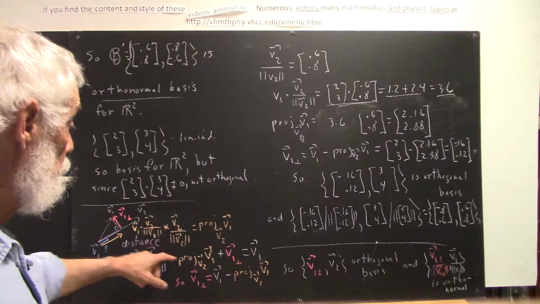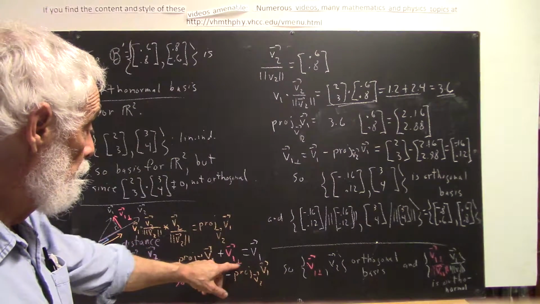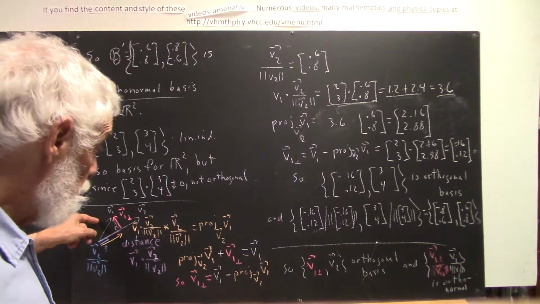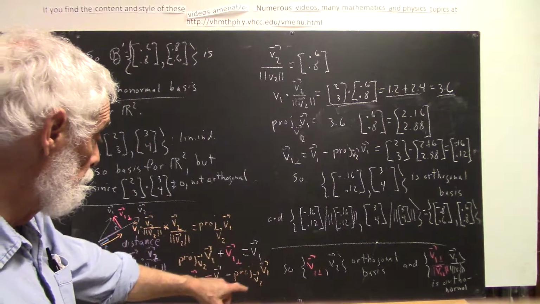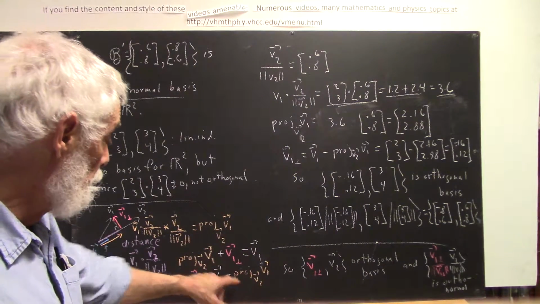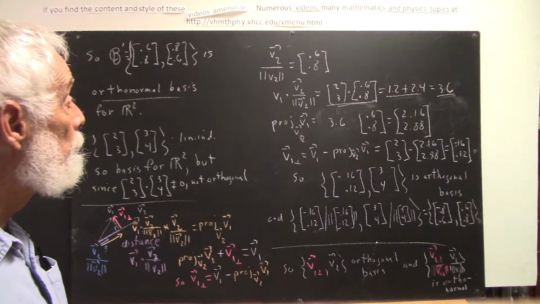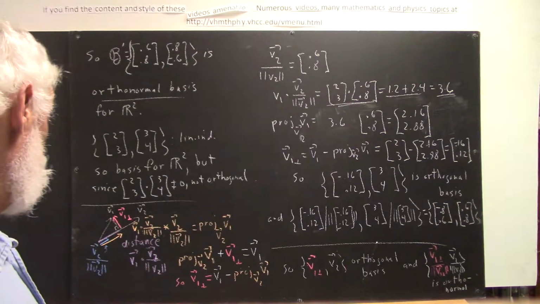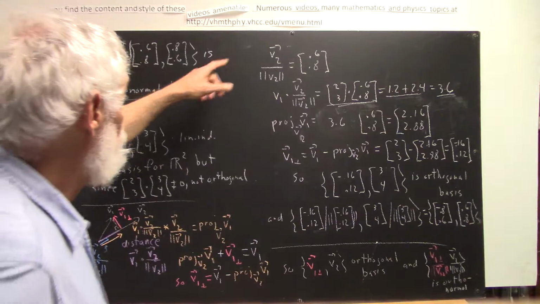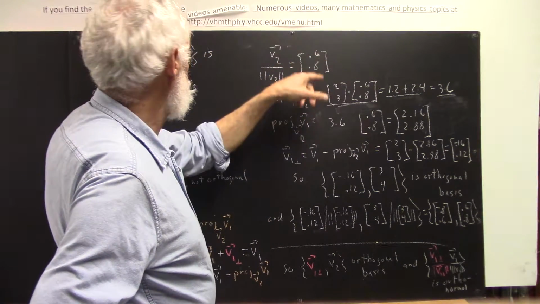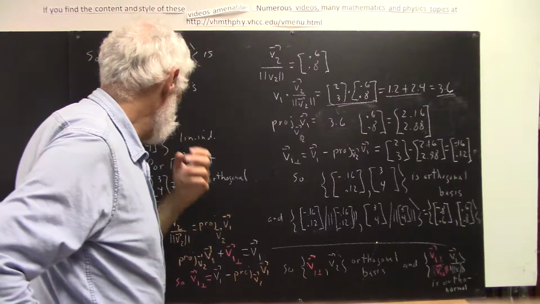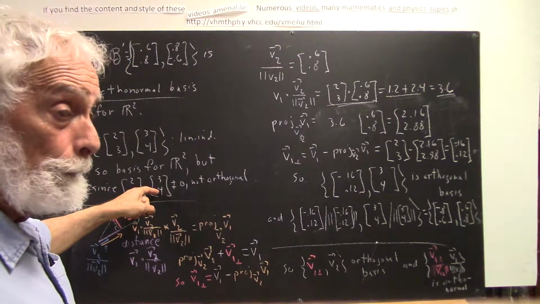As I said before, this projection plus v1 perpendicular has to equal v1, and it follows that v1 perpendicular is v1 minus the projection. Well, we can easily calculate that. In this case, v2 over magnitude of v2 is (0.6, 0.8) because v2 is the vector (3, 4).